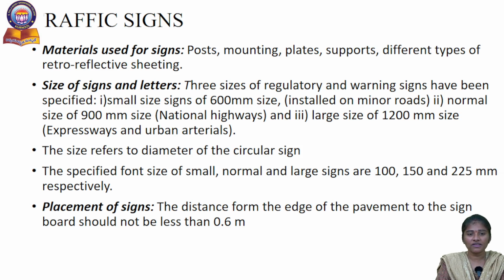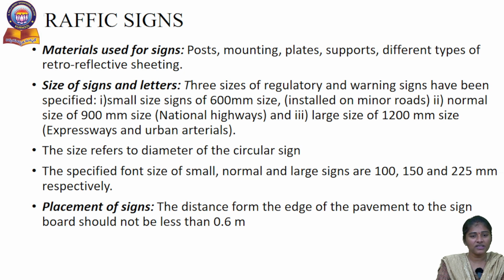Second, a normal size of 900 mm which is used on national highways, and a large size of 1200 mm which is used on expressways and urban arterials. The size refers to the diameter of the circular sign. The specified font sizes of small, normal and large signs are 100, 150 and 225 mm respectively.